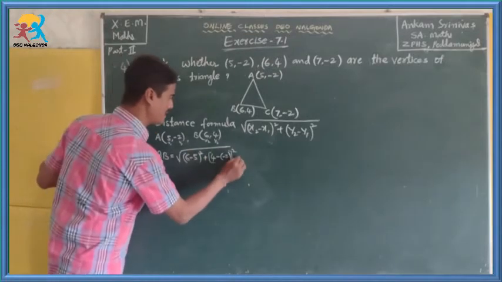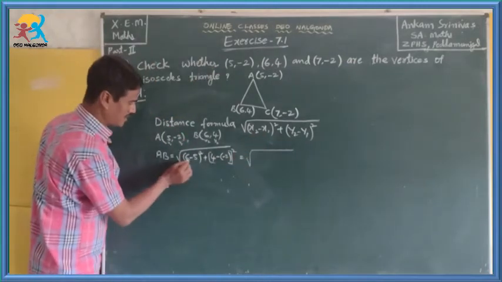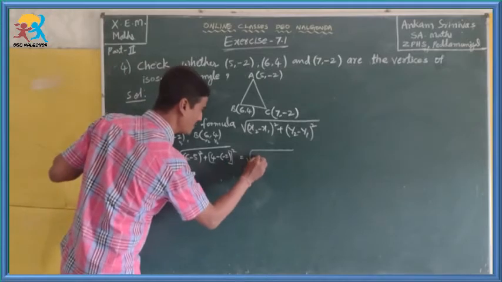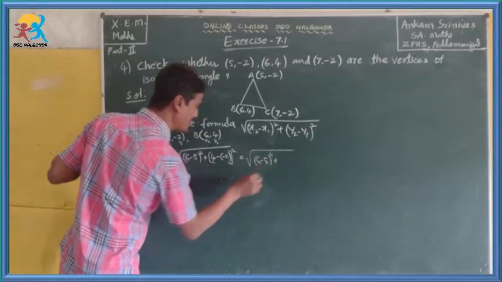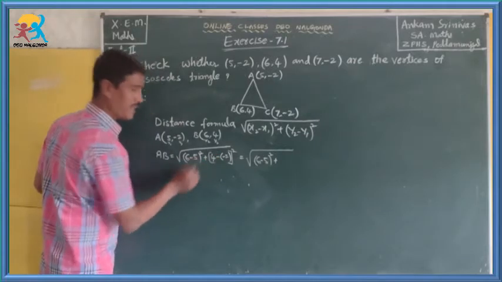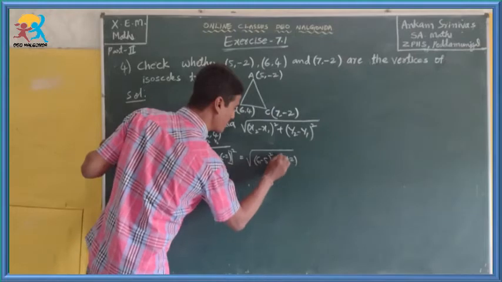Now in this case we will get square root of 6 minus 5 whole square plus 4 minus of minus, which becomes plus, 4 plus 2 whole square.